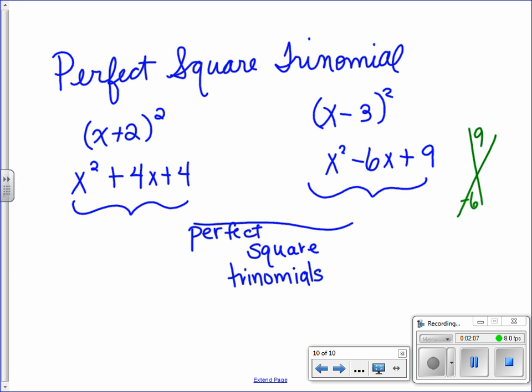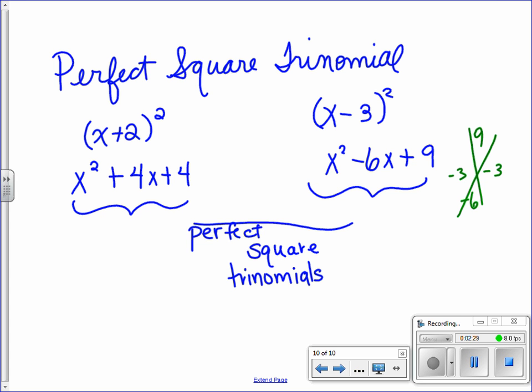What would those numbers be? Negative 3 and negative 3, right? So it factors down to x minus 3, x minus 3. And then you go, oh, that's a perfect square trinomial. I could have saved myself some time if I recognized that.